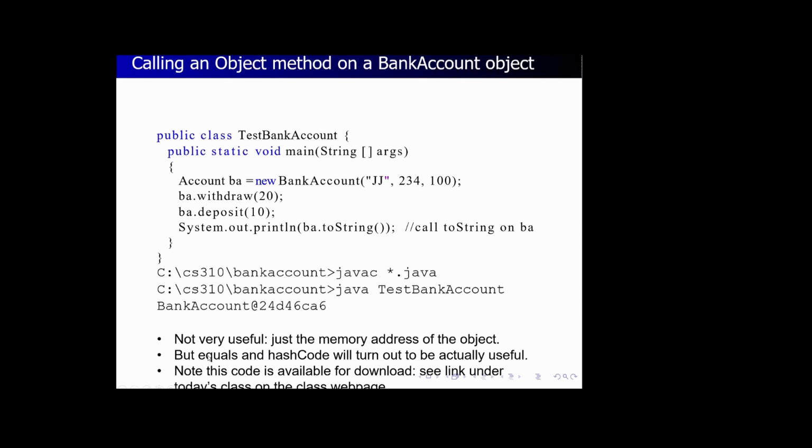But it'll turn out that equals and hashCode can be used with HashMap and other important classes in the JDK. So we'll come back to using this. Okay. Any questions on this?